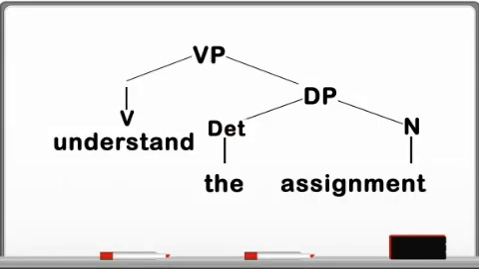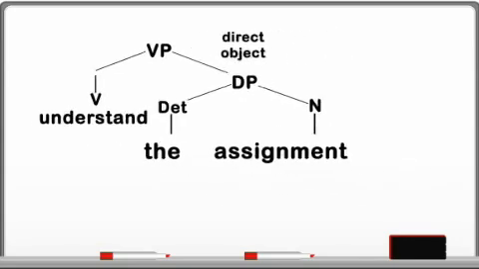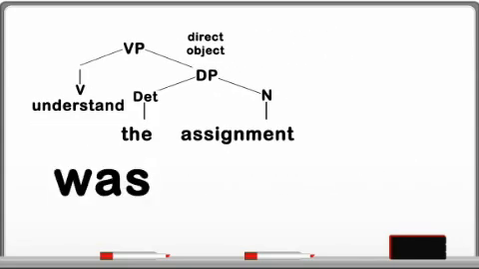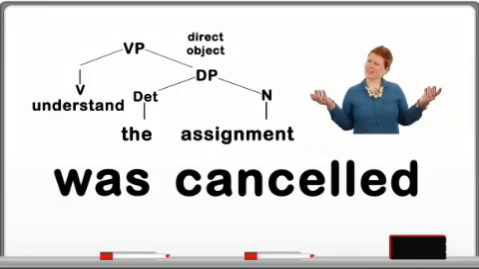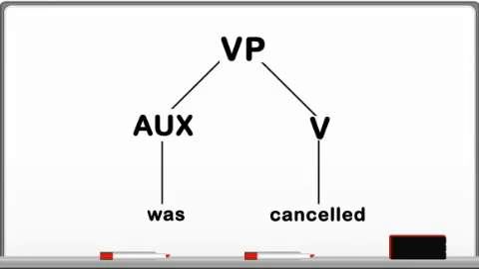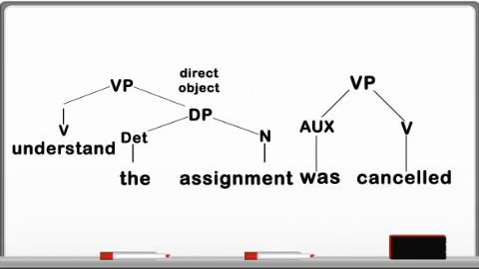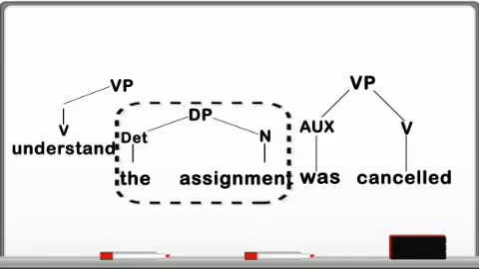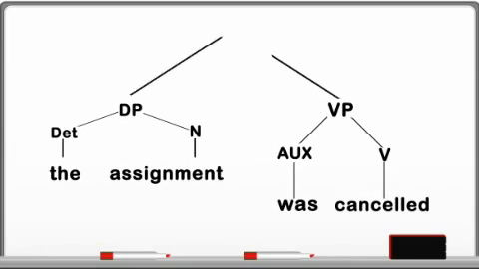unspoken. Building on our example, imagine that after designating the assignment as a direct object, two further words are encountered. Was canceled. The new words are incompatible with the current parse. Was canceled is a verb phrase, and the only way to make it fit with the preceding words is to reassign the determiner phrase, the assignment, changing its role from the direct object of understand to the subject of a new clause.